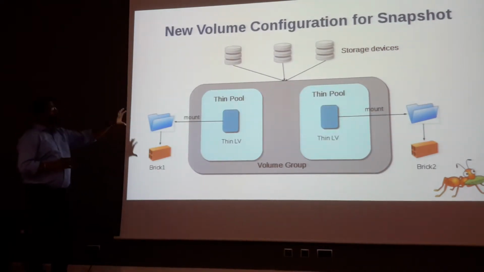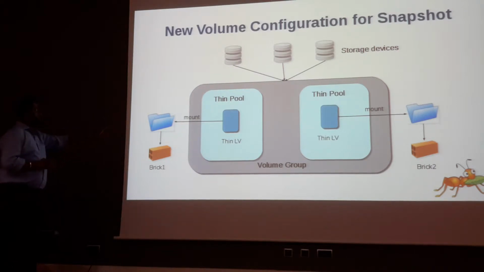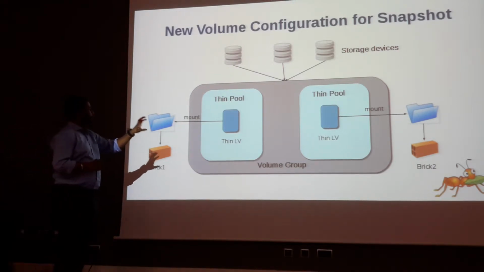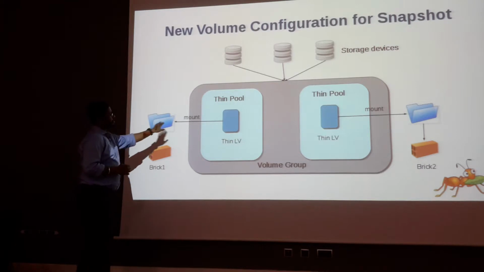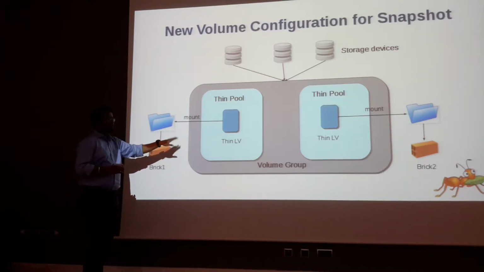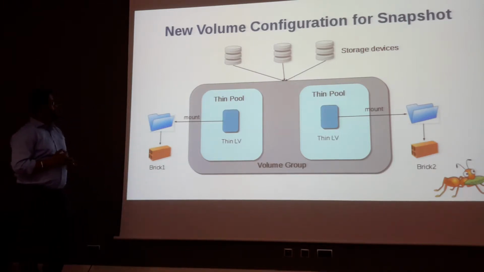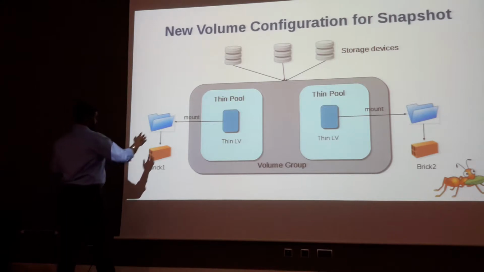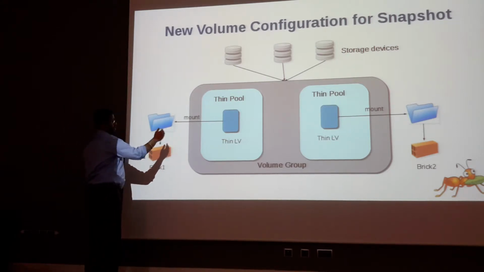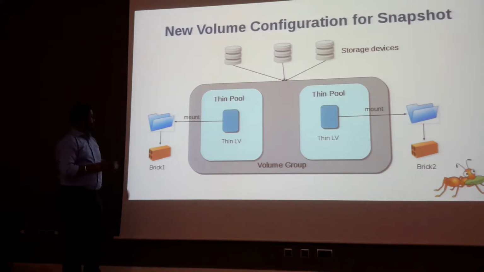This is now the recommended configuration. Each brick should be created out of an independent thin LV, which means it should have an independent pool, and you have to manage that. An important thing is that the pool size and the pool metadata size should be managed accordingly, because when the bricks are hosted on an LV and you take snapshots, it consumes space from the same pool.